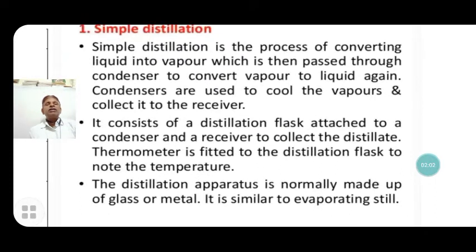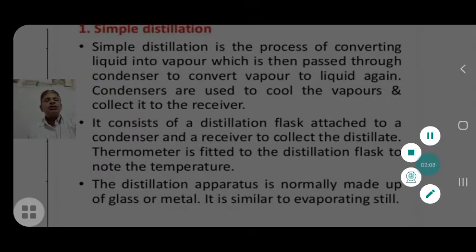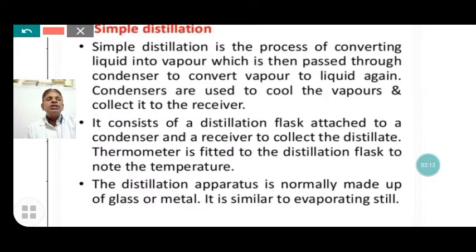Simple distillation is the process of converting a liquid into vapor, which is then passed through the condenser to convert the vapor to liquid again. Condensers are used to cool the vapor and collect it in the receiver.